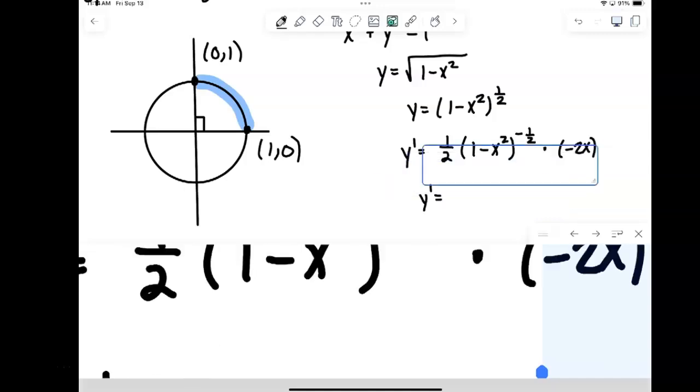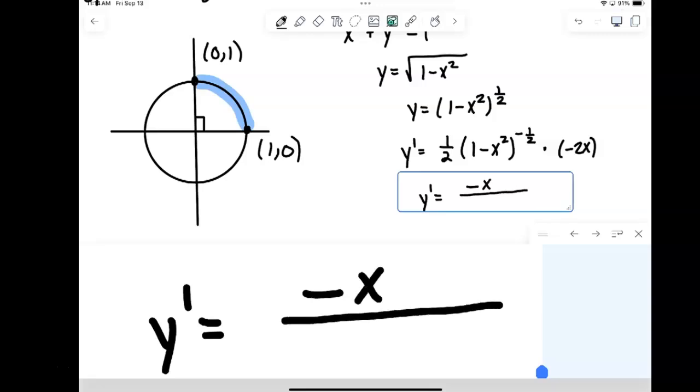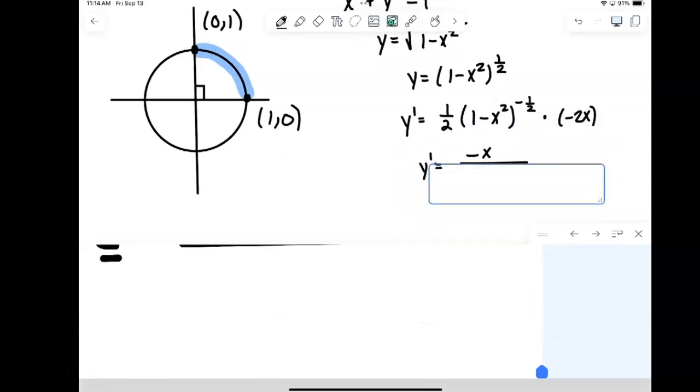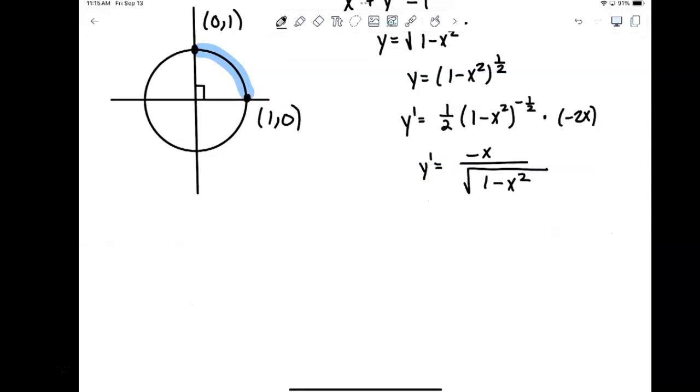When I simplify, the 2's cancel out. I get negative x on top. And then that stuff is to the minus 1/2, so that's going to come to the bottom and become positive 1/2, or the square root of 1 minus x squared. So there's my y prime function.